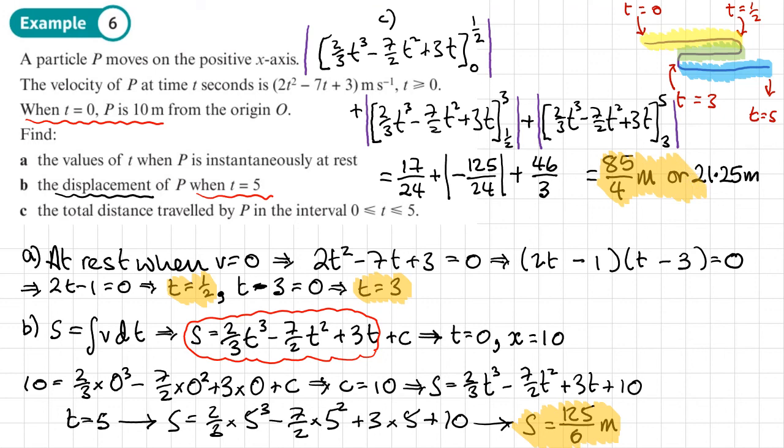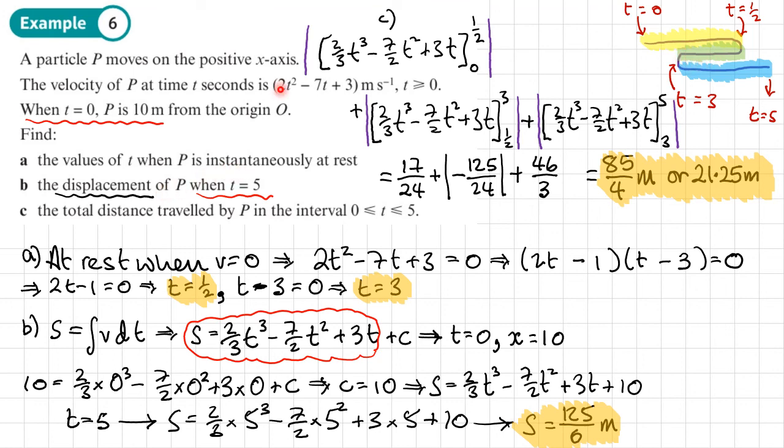So some questions, they don't tell you that the velocity is 0. Sometimes you need to check and do that, but the clue in the first part, instantaneously at rest, is a clue. When I work out the distance, I'm going to have to add together all of the displacements, making sure that I take the positive value for the displacement. So don't let things like this catch you out.